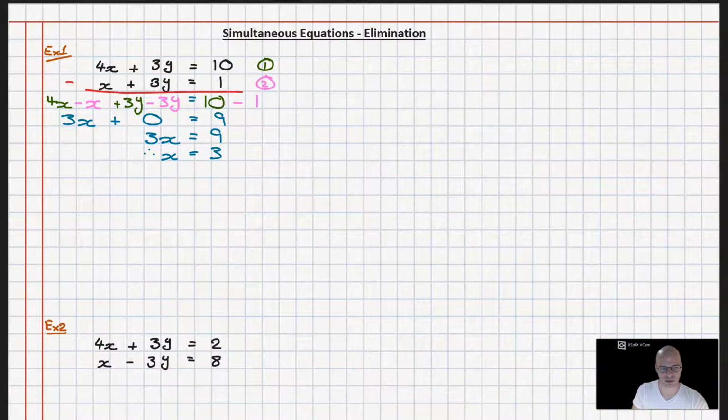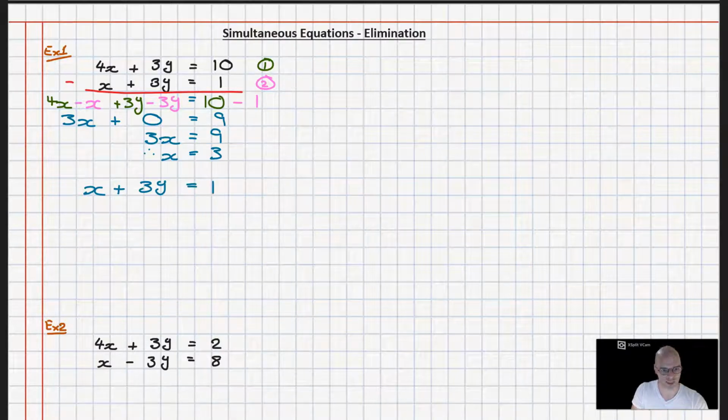Now to finish this off, we need to deduce the value of y. If we wanted to, we could do elimination once more to solve for y, but the reality is when we're doing math here, we simply want to find the value of y using the easiest route possible. So in this case, I'm just going to use substitution again. x plus 3y equals 1.